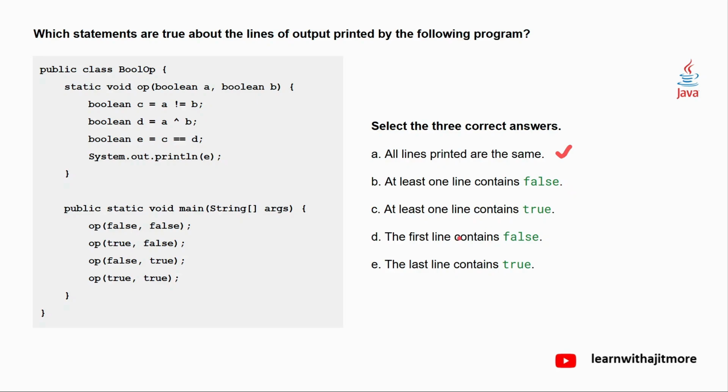No, at least one line contains true. Do you agree? Yes. The first line contains false. No. The last line contains true. So from this, do you agree that these three are true? I mean, these three lines are correct: that all the lines printed are true, at least one line contains true, and the last line contains true. Do you agree? Okay. Yes, sir.